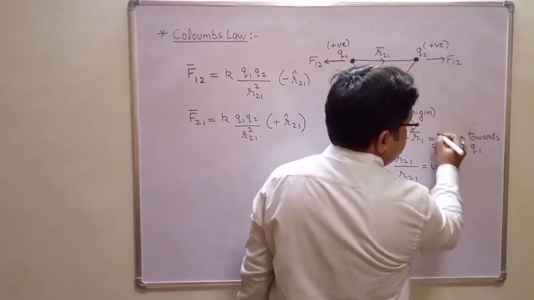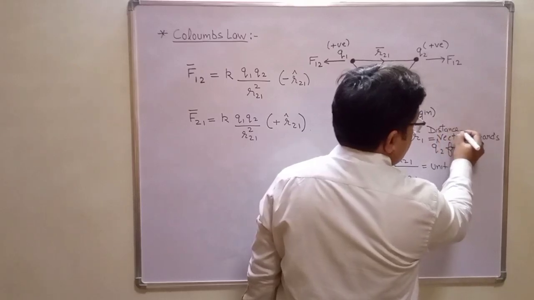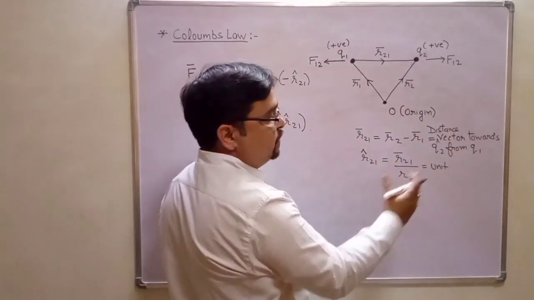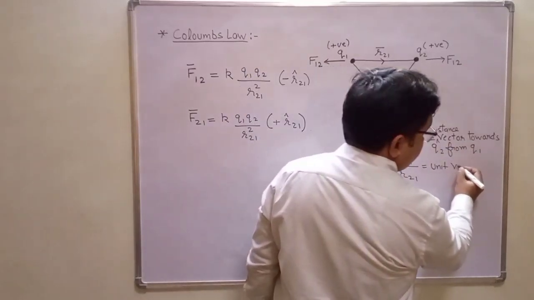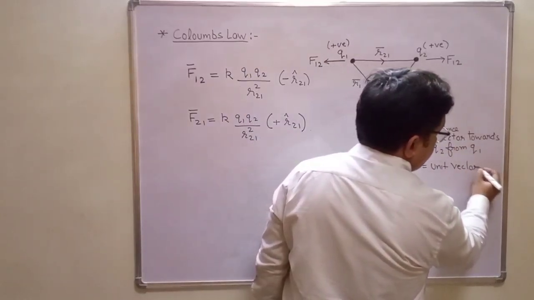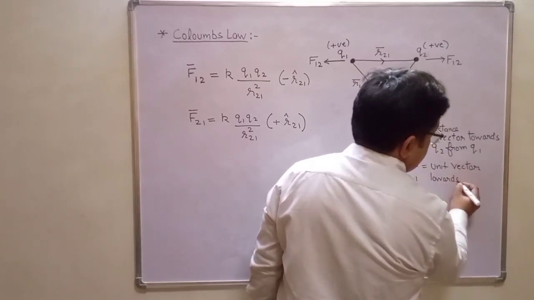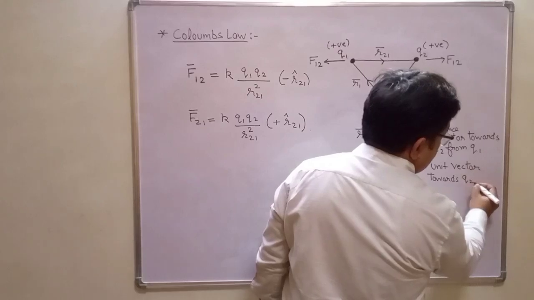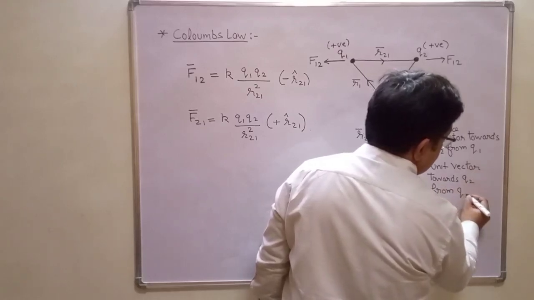This is basically distance vector, distance between q1 and q2, distance vector towards q2 from q1. This is unit vector towards q2 from q1.